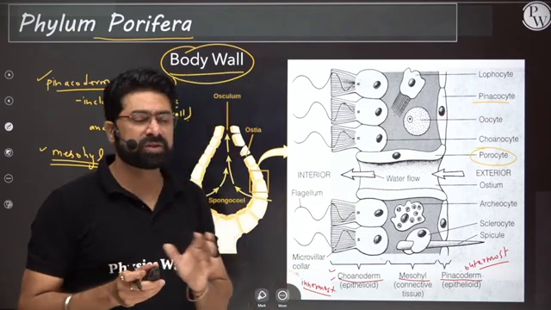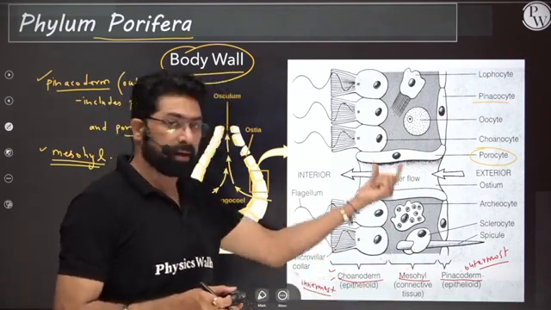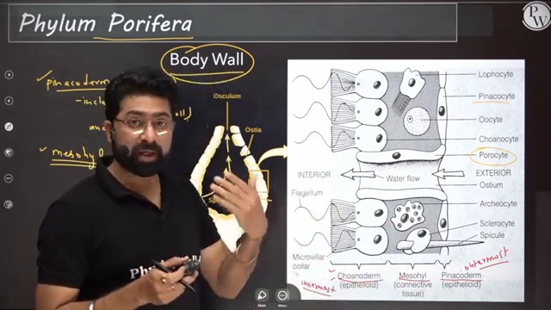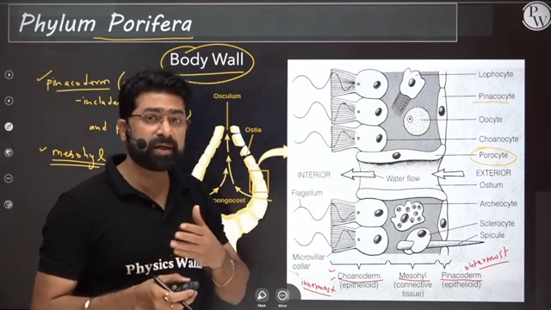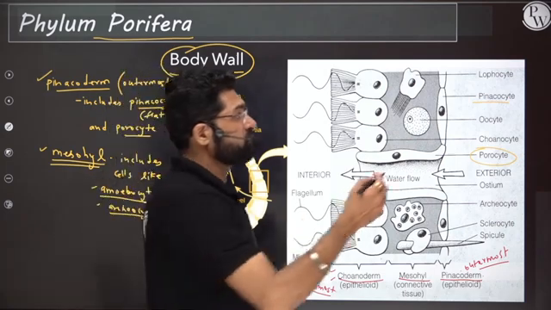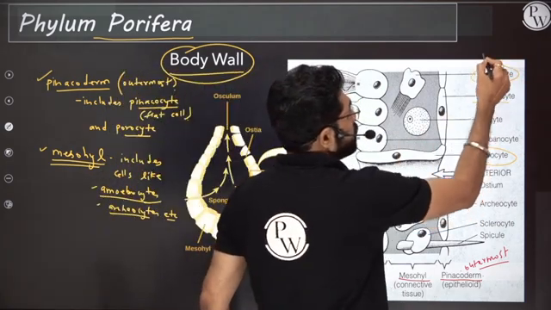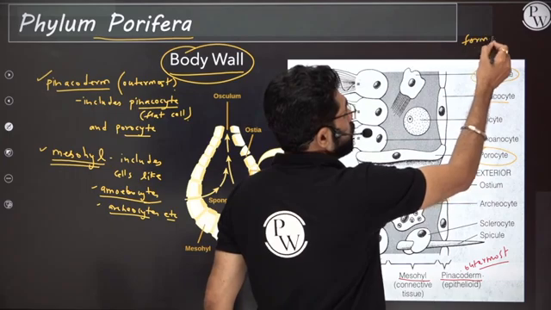All these cells you will see in the mesohyl. And if you want to understand the function of them, lophocytes are involved in the formation of collagen.